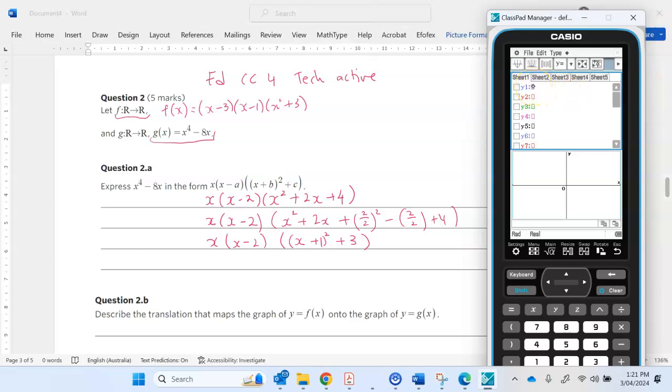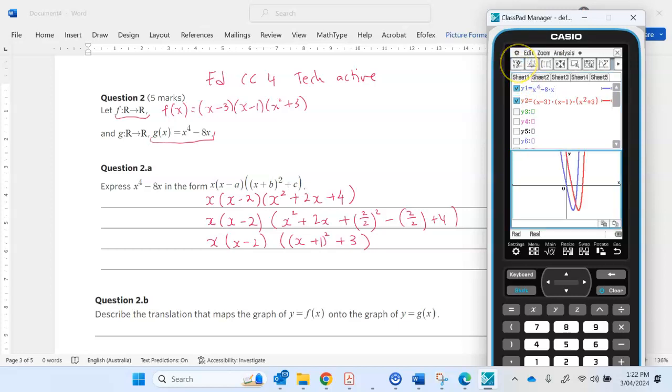All right, so I'm wondering whether I should define this. I probably won't. x to the power of 4 minus 8x. And then we've got x minus 3, x minus 1, then x squared plus 3. Tick that.